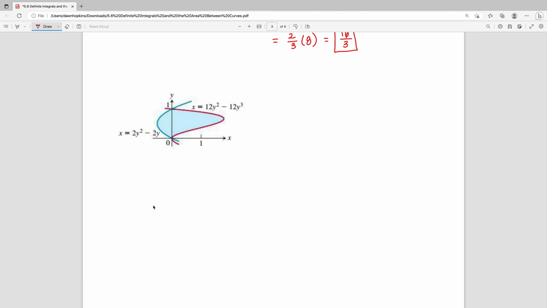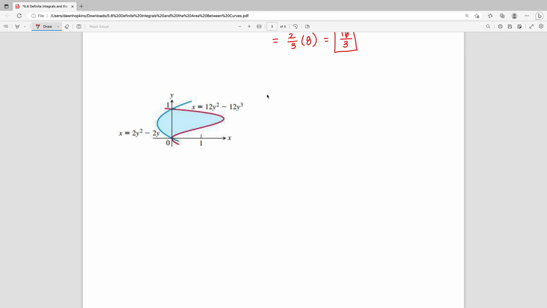The second example here on this page, we're going to integrate with respect to y on this one. So here I don't have one curve above another, but they're to the left and right of one another. So when we integrate with respect to y, it's going to be the right curve, which is defined as x equals 12y squared minus 12y cubed, minus the left curve, x is 2y squared minus 2y.